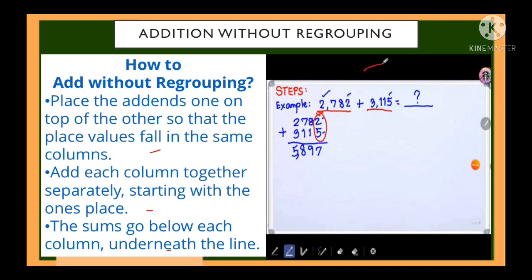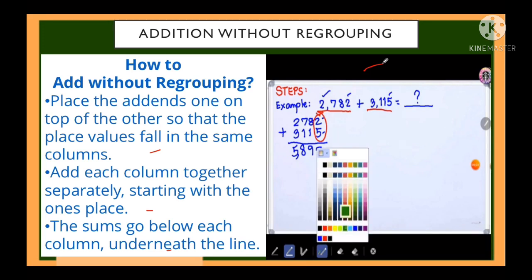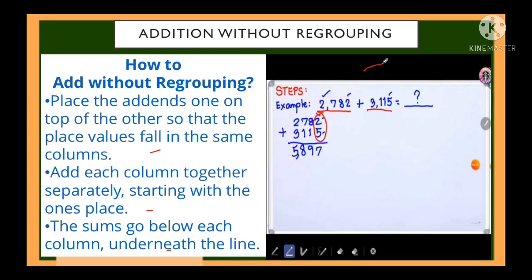Alright, so we already discussed the vocabularies, right? So if we will identify those vocabularies, these two numbers are what we call, how do you call them? The addends. Say addends. Yes, good job.